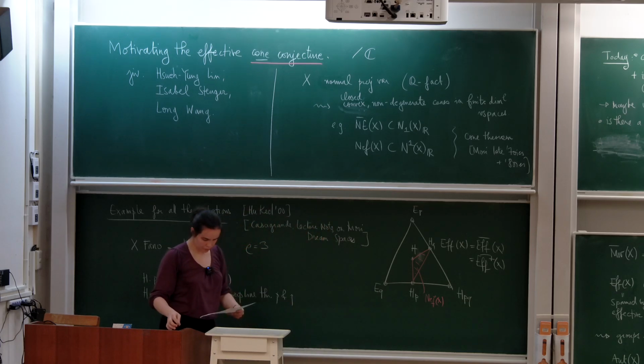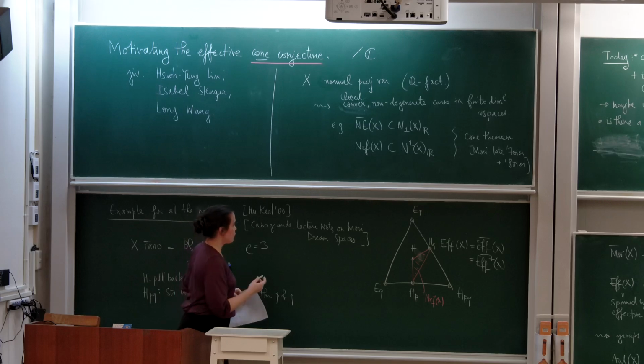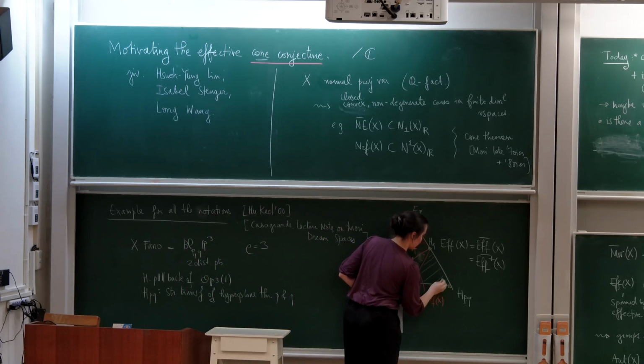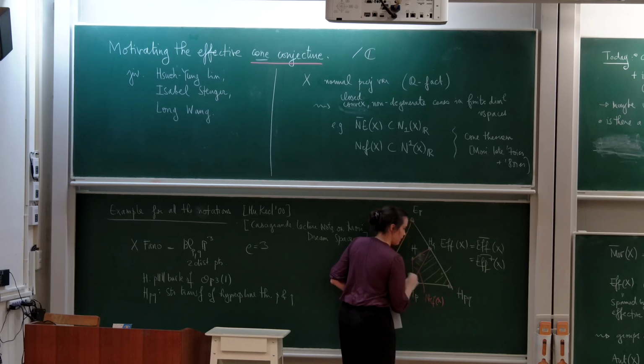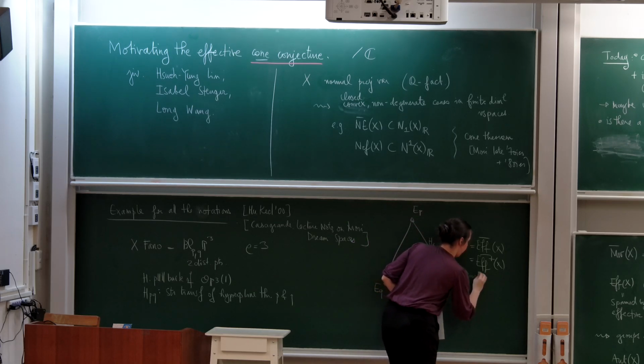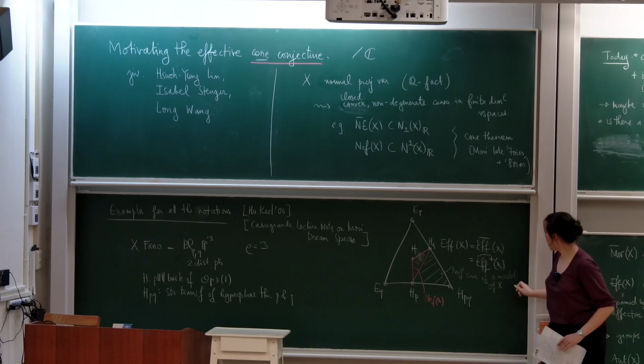And so now the movable cone, well, it turns out you actually have this also in it. So this is going to be actually the Nef cone of another model of X. And how do you get this model?